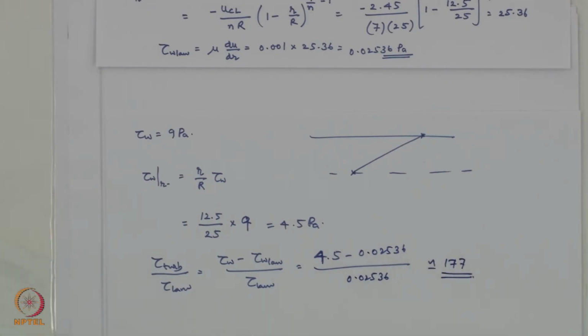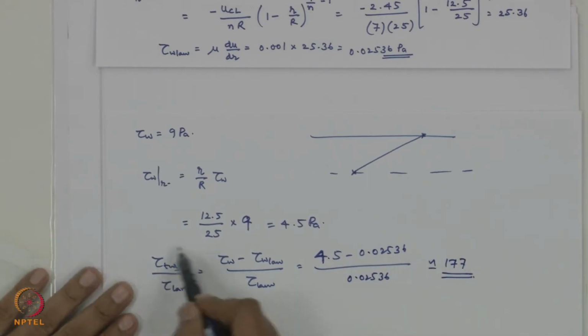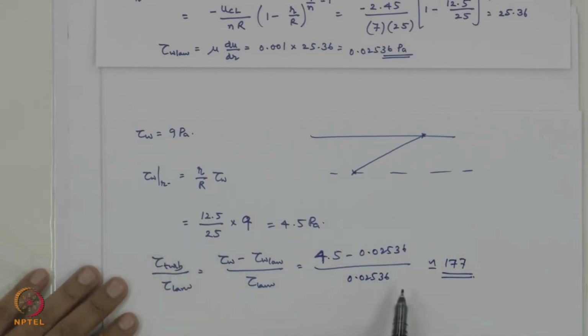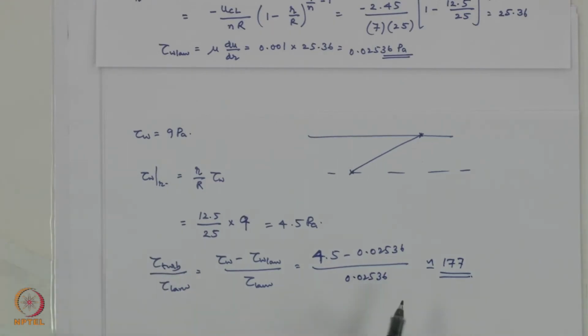So the point is, the tau turbulent is so large compared to the laminar. In turbulent flow, that's why when we did the friction factor correlation, we took only A log y plus B, because that is the one which contributes from the turbulent boundary layer. You don't have to bother about the viscous sublayer contribution because its contribution is very less.